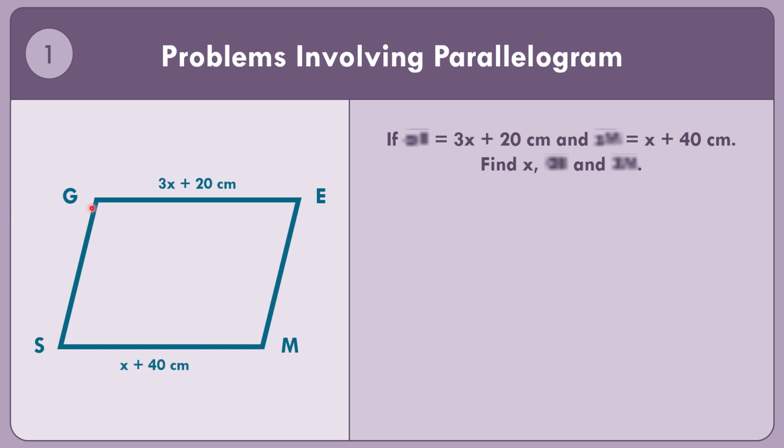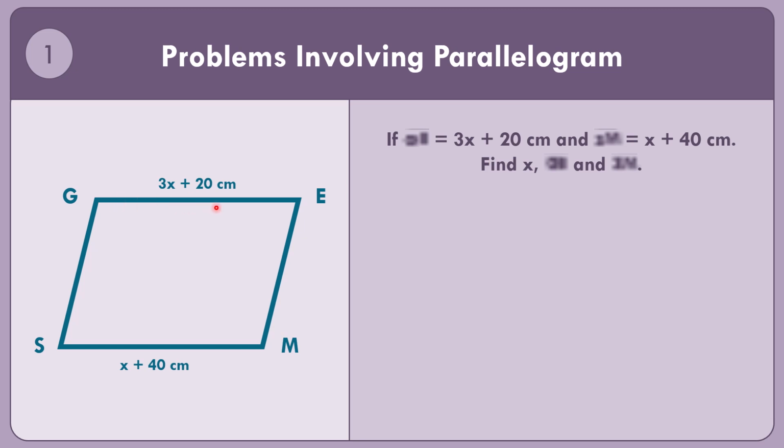So this is the parallelogram GEMS. If segment GE is equal to 3x plus 20 centimeters, and segment SM is x plus 40 centimeters, find the value of x, segment GE, and segment SM. First, we need to identify the value of x.